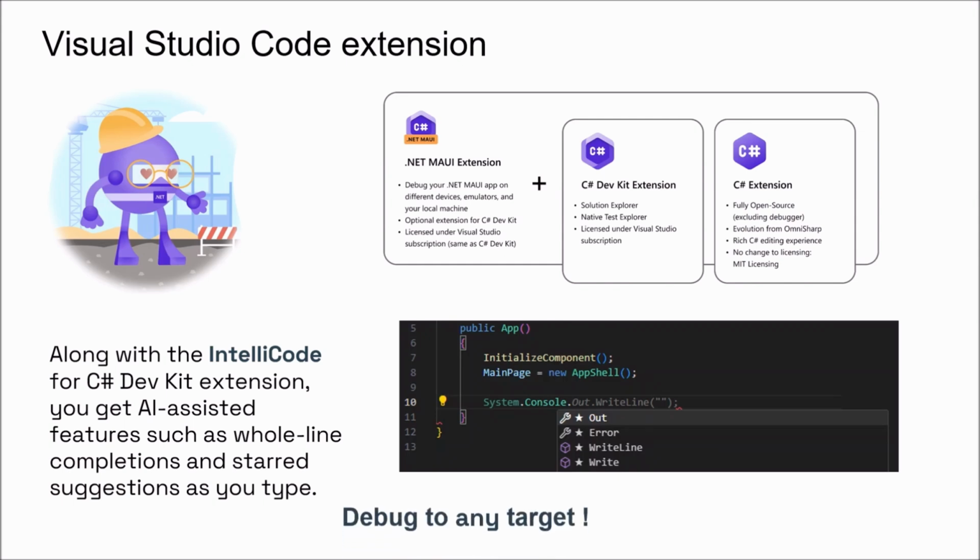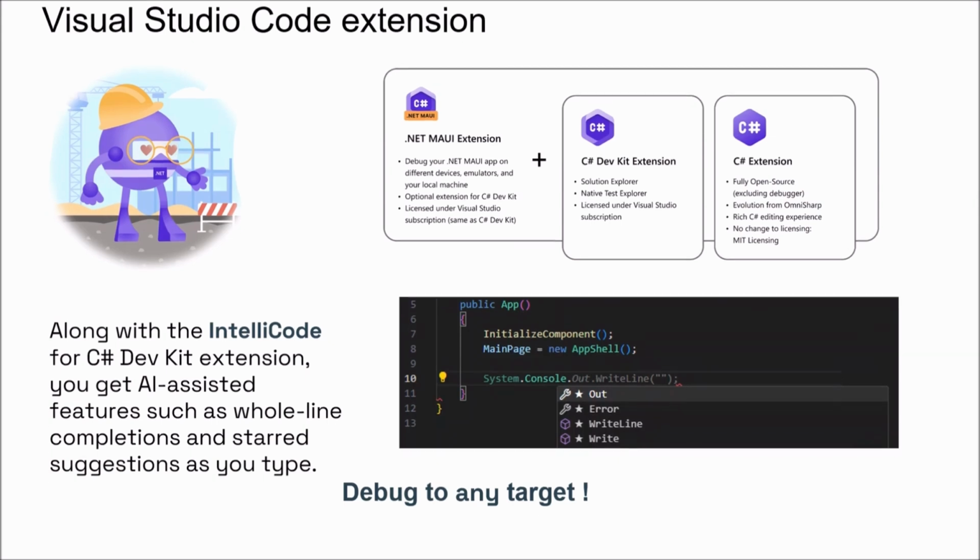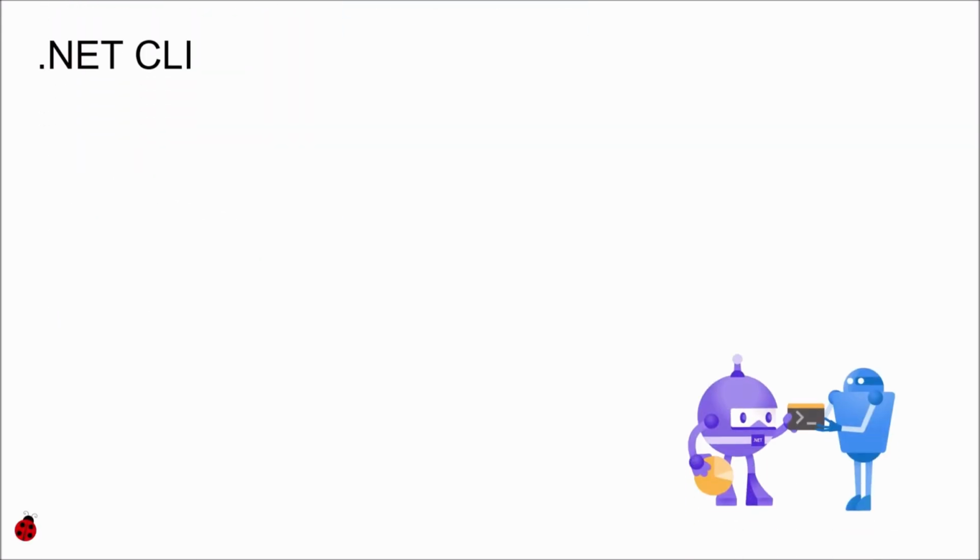And also it's important to remember that you can debug to any target you want. And also we don't need to forget about the IntelliCode part and everything you get from the suggestions as soon as you type. Another way to build your MAUI application is using the .NET command line interface.